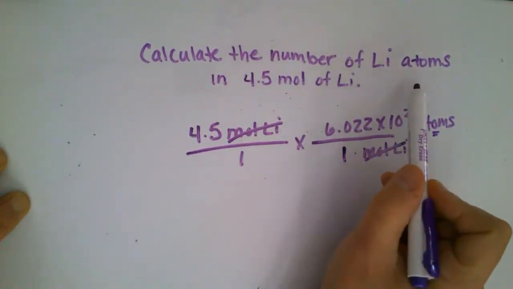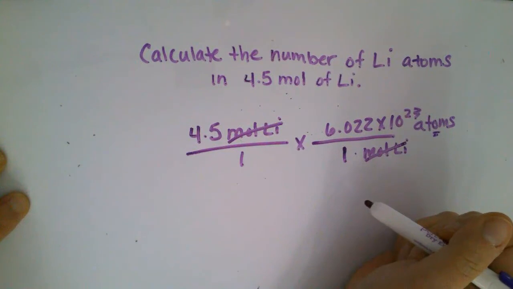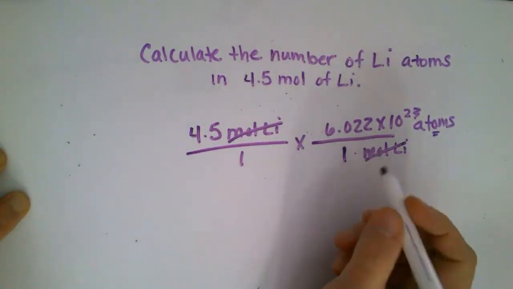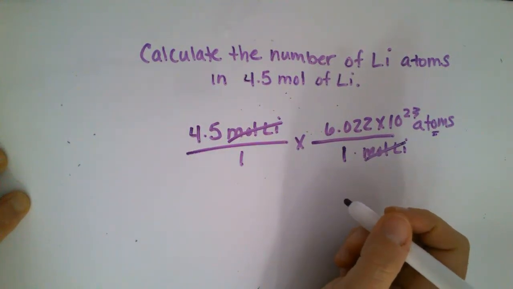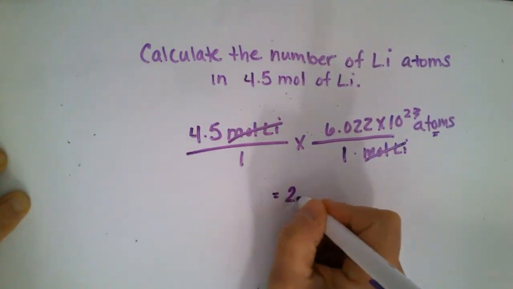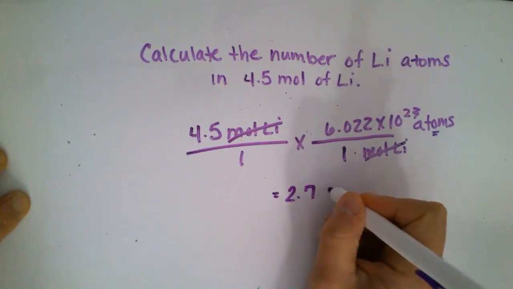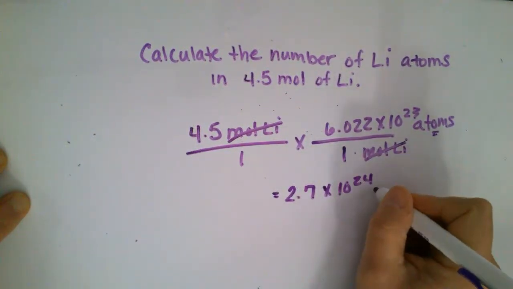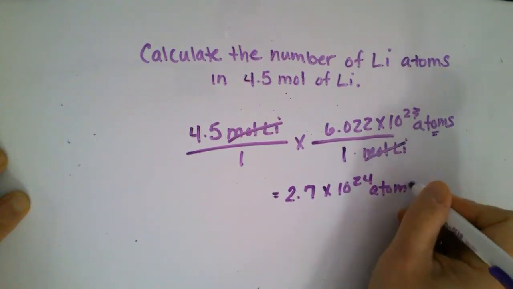And it says calculate the number of atoms. So that's the answer we want. So then you would take 4.5 times 6.022 times 10 to the 23rd, and that would give you 2.7 times 10 to the 24th atoms.